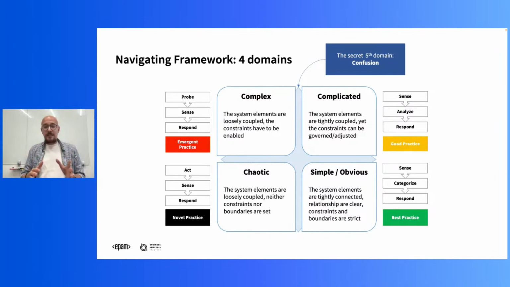This domain represents some kind of state of confusion where it's not clear which of the other domains can be applied. If you don't know where you are, if you don't know where to start, you are in the confusion domain. So your first task here is to gather information and identify which problem you are dealing with.